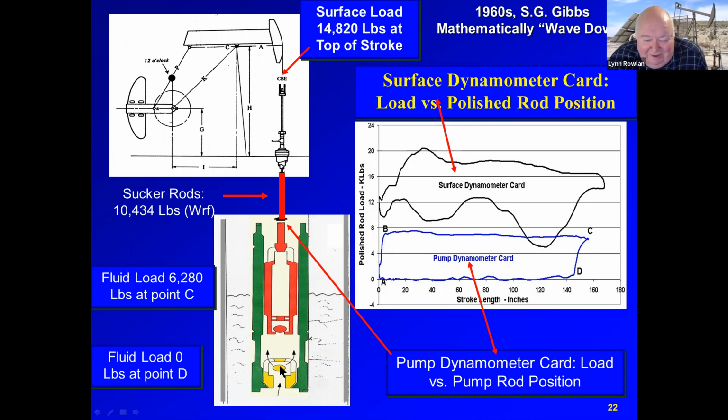The standing valve ball pops off the seat at that point, because now the pressure inside the pump chamber has dropped below the pressure outside of the standing valve. And so at that point, the full tubing pressure from the surface all the way down to the pump is being applied to this traveling valve.